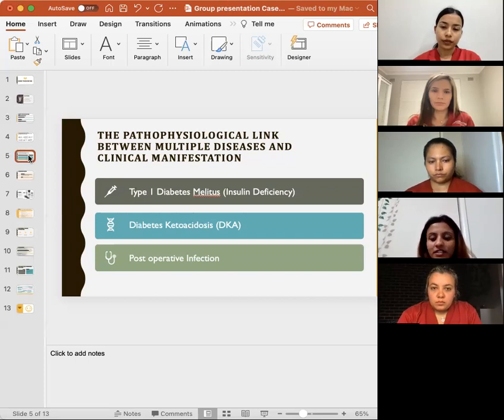Infection can activate systemic inflammatory response syndrome, release the cytokines and activate the coagulation cascades, which contribute to sepsis. The activation of systemic inflammatory response will contribute to the release of stress hormones such as adrenaline, noradrenaline, and cortisol by the adrenal gland. This increases the blood glucose level in the body.